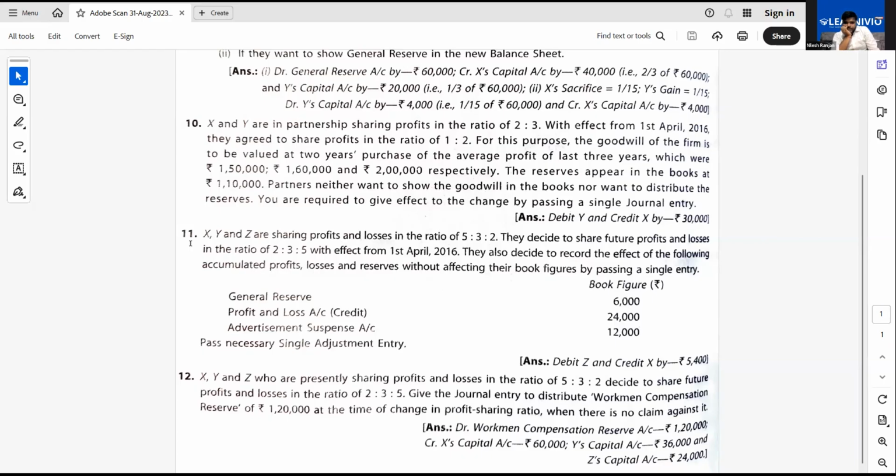They also decide to record the effect of the following accumulated profits, losses, and reserves without affecting their book figures by passing a single entry. General reserve 6,000, profit and loss account credit 24,000, advertisement suspense account 4,000, pass necessary single adjustment entry. My question is it is the first case or the second?